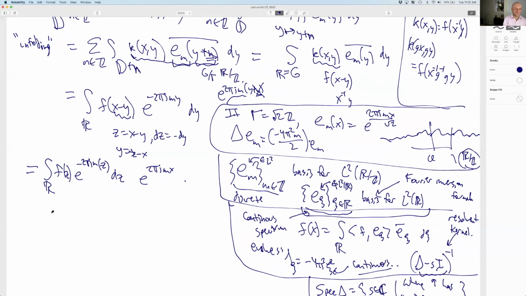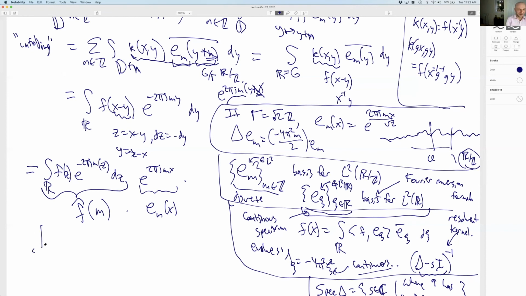What is this? Everybody see that? It's the mth Fourier coefficient on the real line of the original function f that we started with. You see that?